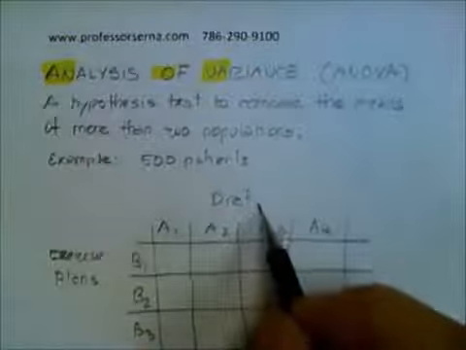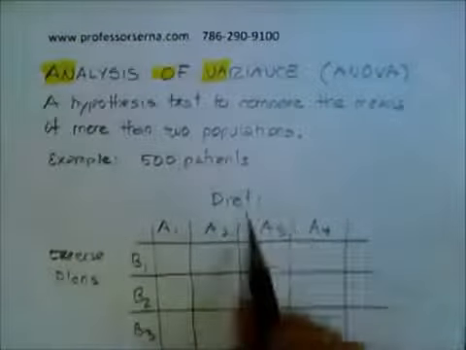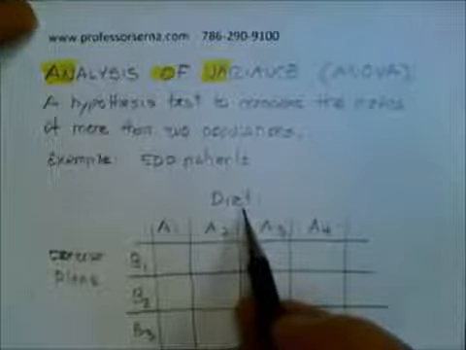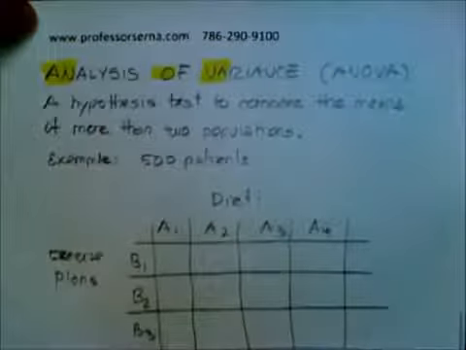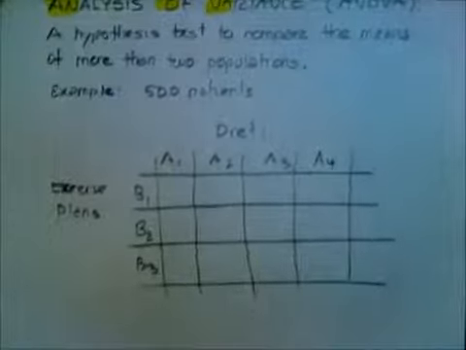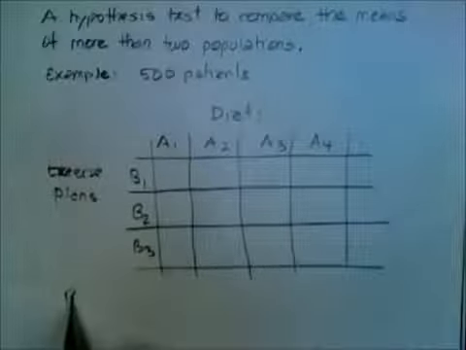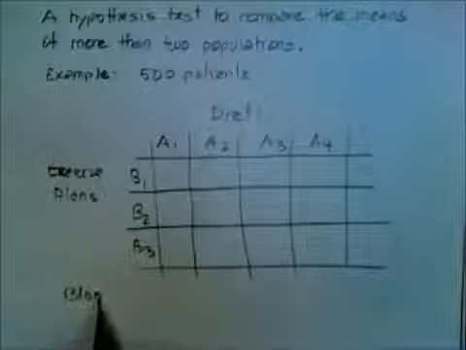So the diet is one of the variables that is going to have an effect on the variable that we are measuring. What is the variable that we are measuring? Let's say that we are measuring blood sugar. Okay.